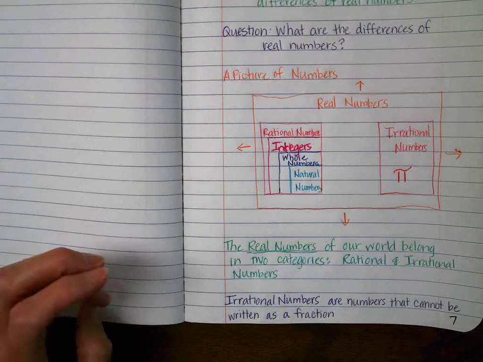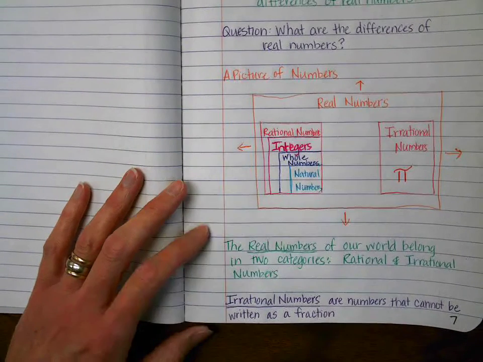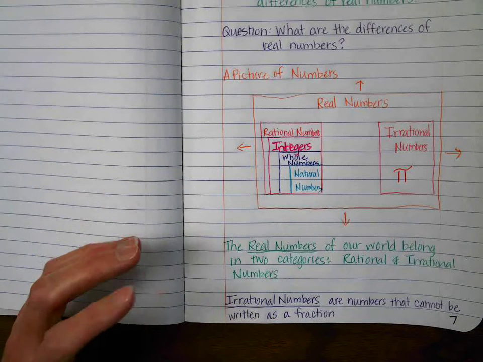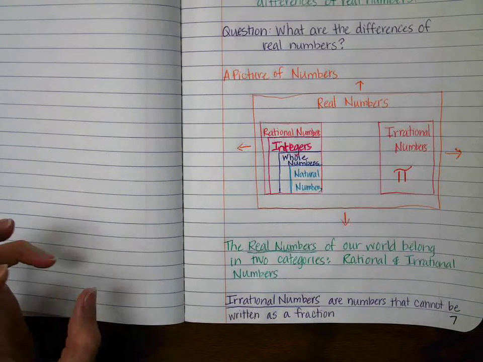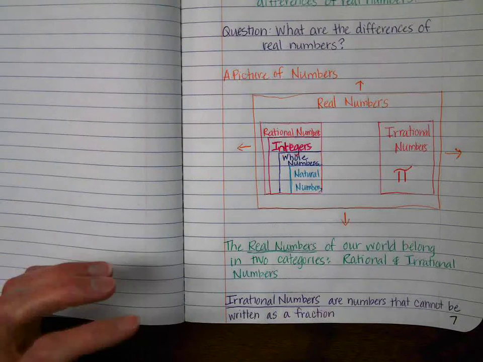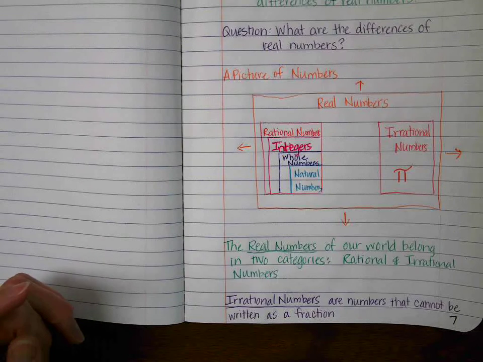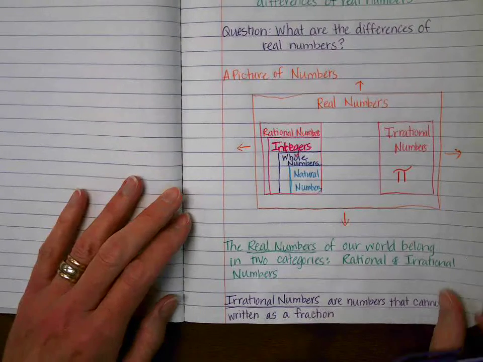And since there's no value represented, that's why they're called irrational numbers. Could you put pi, or 3.14, blah, blah, blah, blah, blah, into a fraction? The answer is no, because we don't know what that blah, blah, blah, blah, blah is. So we can never find the denominator. So that's what makes it an irrational number.